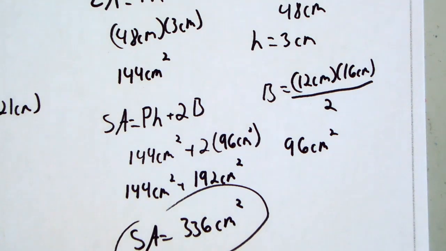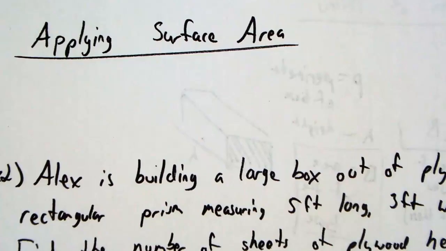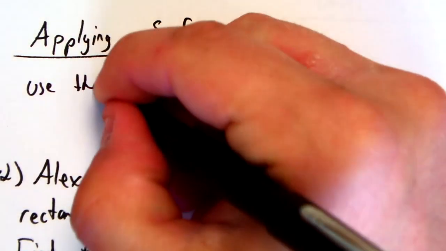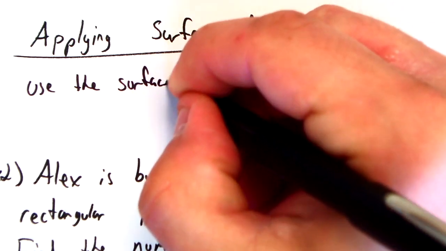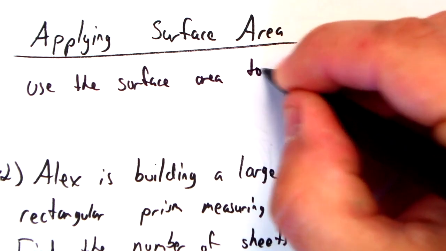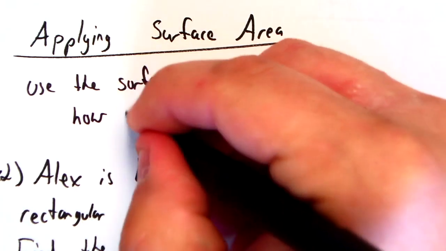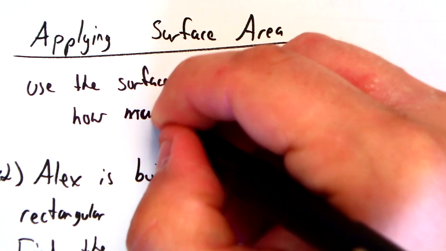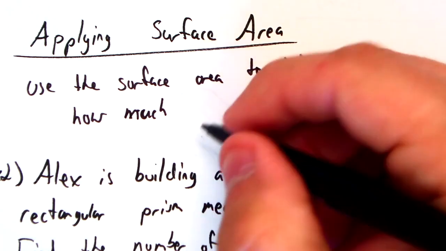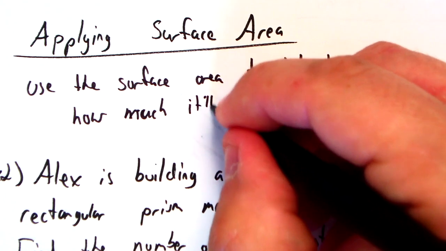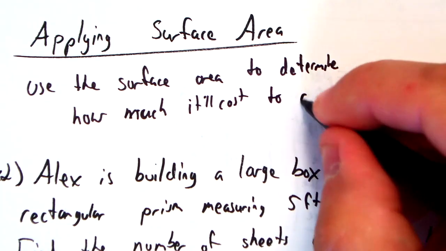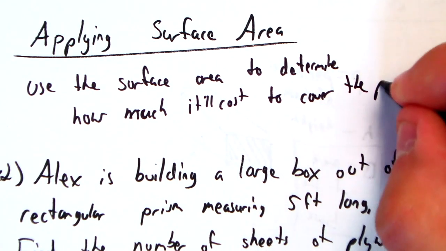All right, well, now that we know how to actually find the surface area, we can now apply that information. So when we want to apply the surface area, we can use the surface area to determine how much it'll cost to either cover the prism or to make the prism.